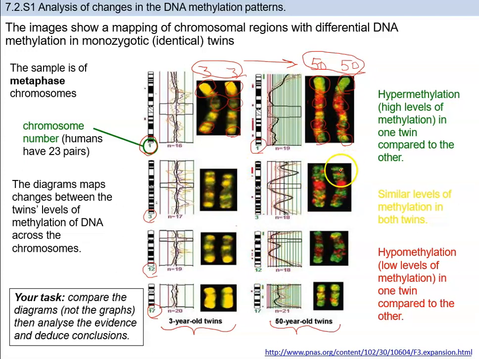As you can see, the amount of hypermethylation, which is green, is very high. Many areas have become green, but this chromosome, even though it is bigger, has less green and more red compared to this one. So you can say that chromosome number 3 has the highest amount of methylation, and chromosome number 17 has the least amount of methylation.